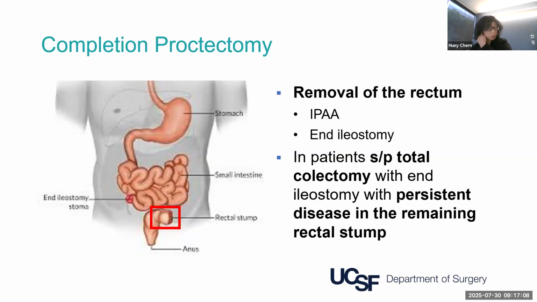It is very hard to come back to do a surgery after the rectum has been removed and only the anus is left, and to expect that it's possible to come back later to form that ileal pouch anastomosis. So that is a completion proctectomy.